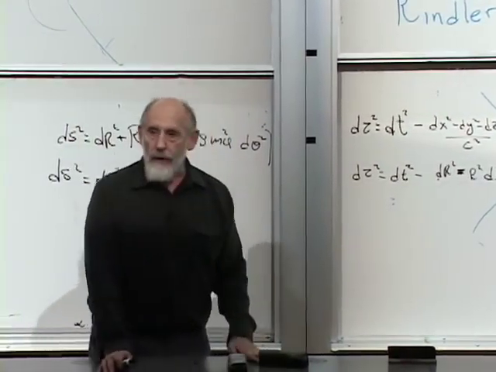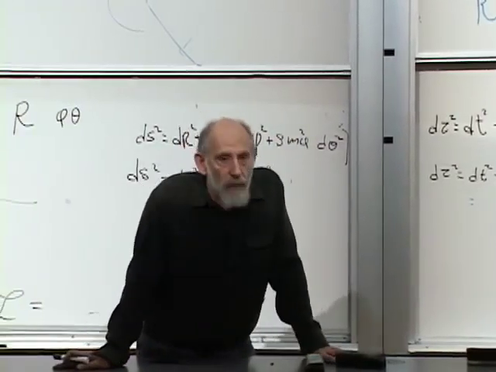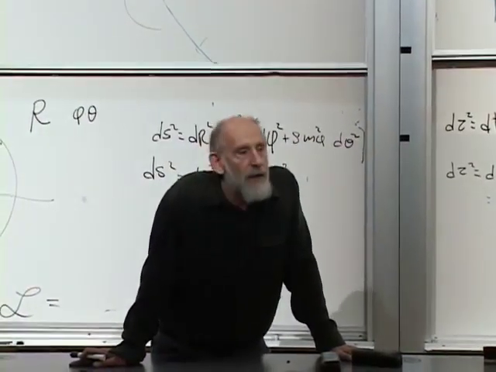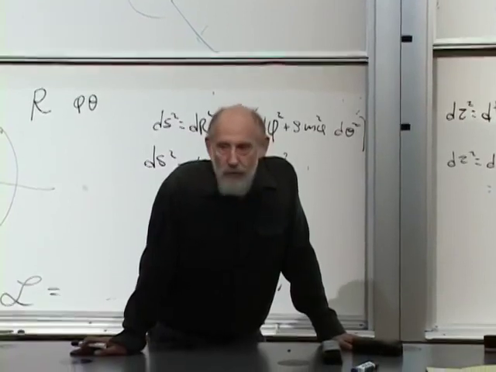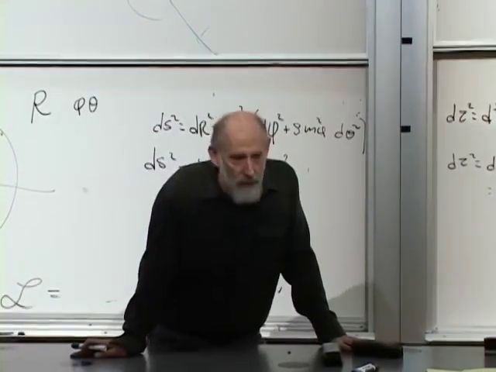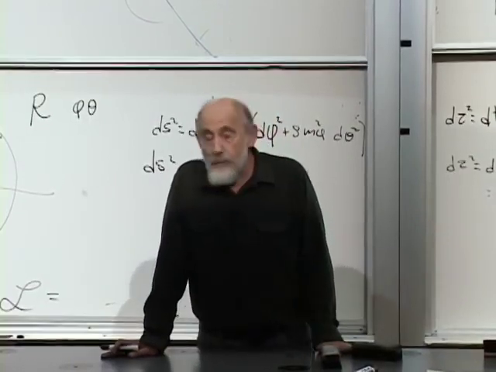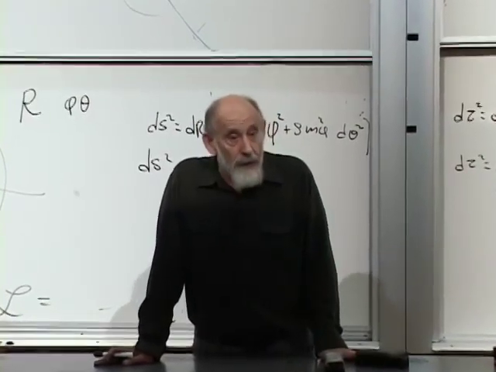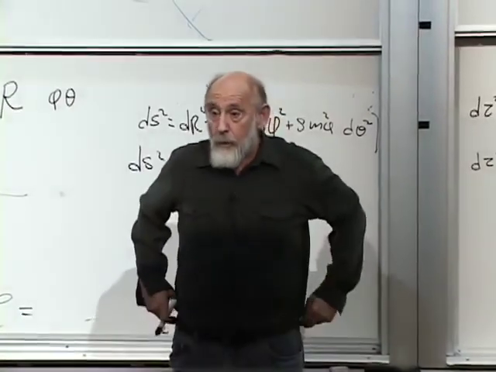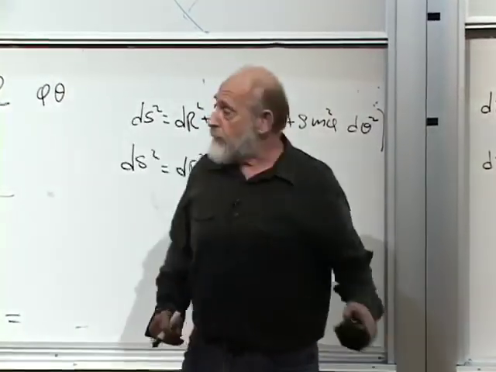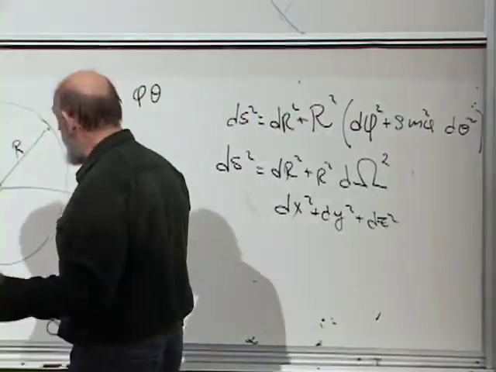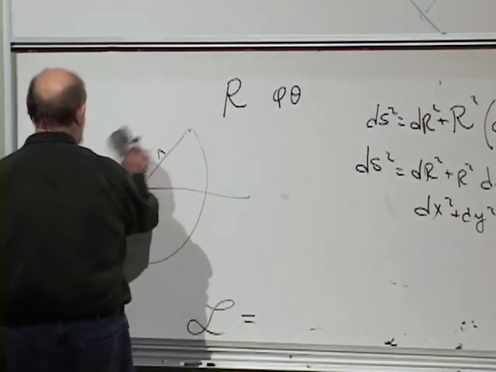The Schwarzschild metric, being the metric of a spherical distribution of mass, is conveniently described in spherical coordinates like this. When you have a problem with the symmetry of a sphere, it's always convenient to use polar coordinates. I'm now going to write down the metric, and I'll tell you what goes into it.